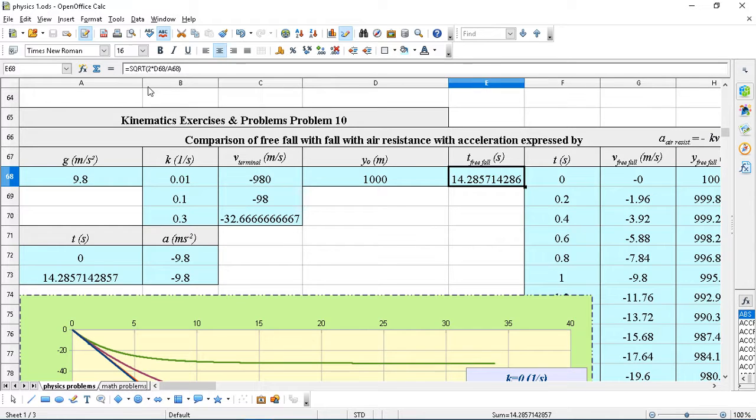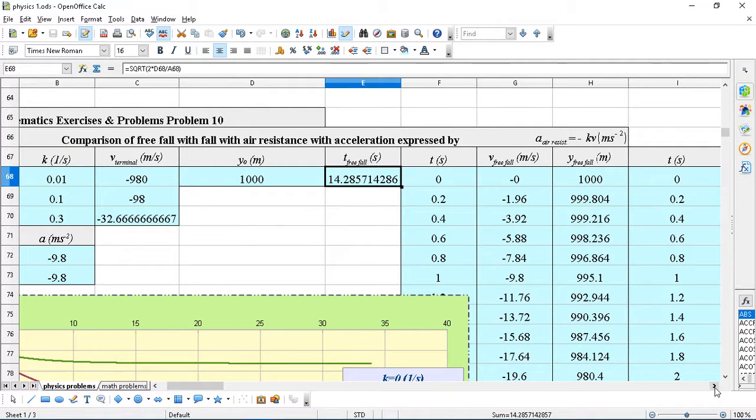Now remember that this is equal to the square root of 2 times h divided by g. And that gives us 14.2857, 14.286 seconds for y0 equaling 1000 meters.